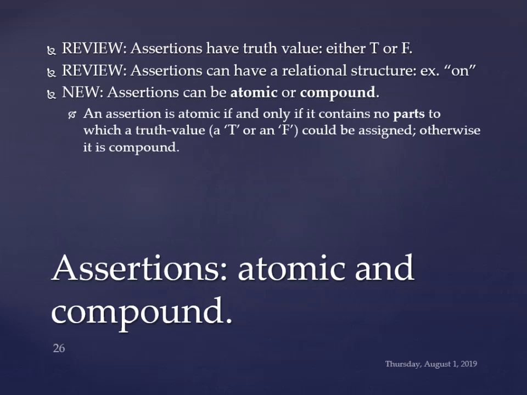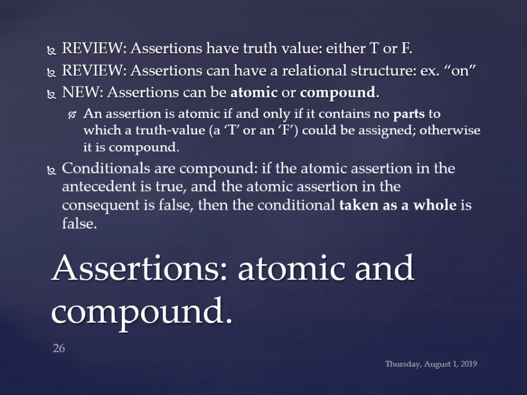Otherwise, it's compound. So if it has parts to which a truth value could be assigned, it's compound. Conditionals are compound because if the atomic assertion in the antecedent is true and the atomic assertion in the consequent is false, then taken as a whole, the conditional is false.